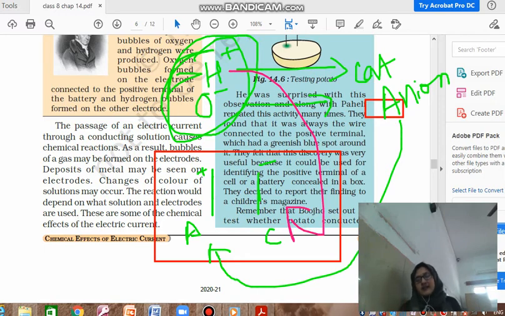So opposites attract here also. Negatively charged ions go toward the positive electrode and positively charged ions go toward the negative electrode. So using this phenomenon, there is another activity which is done, which is very common.